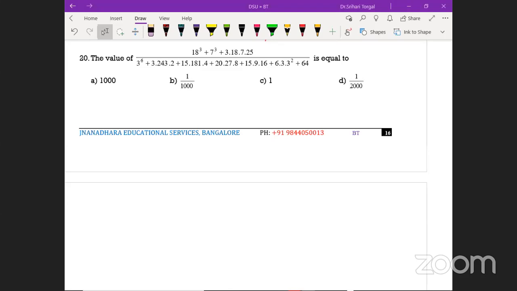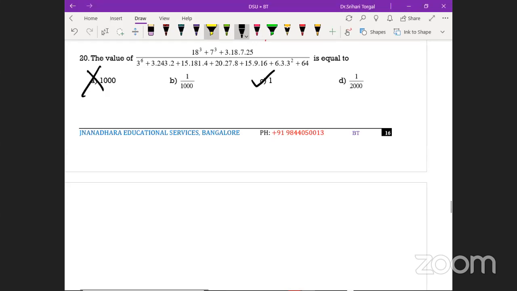No calculator. No usage of calculator in CET. Option 1, no. Yes, Bhumika, you are right. Okay, Shivank, you are right, correct. Yes, let me explain.